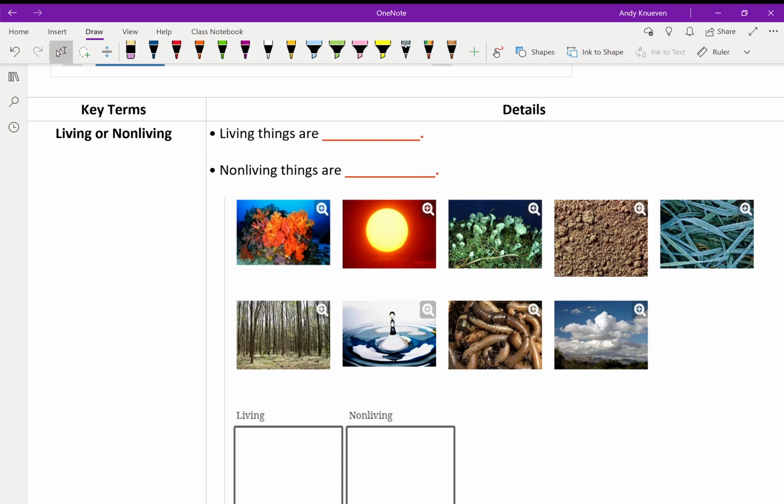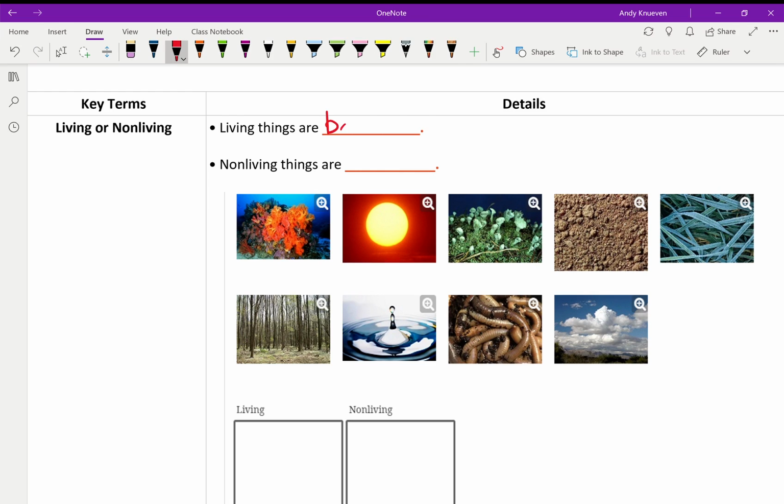So the first one is simply how we define, or how we refer to, the things in an ecosystem. Living things are biotic. Just like biology is the study of life, bio means life. It's a prefix meaning life.